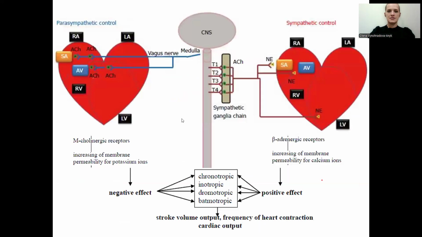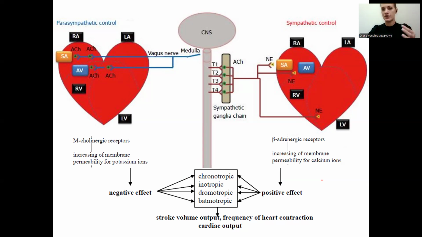Okay, next. When we are talking about neural regulation, of course, we are talking about the sympathetic and parasympathetic systems. The sympathetic and parasympathetic systems work opposite each other in heart activity. The sympathetic system is the sympathoadrenal system, the system of stress.